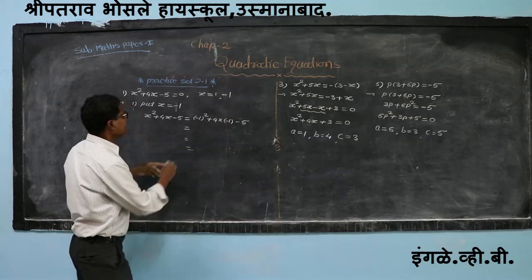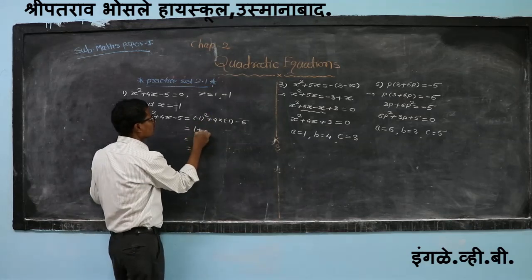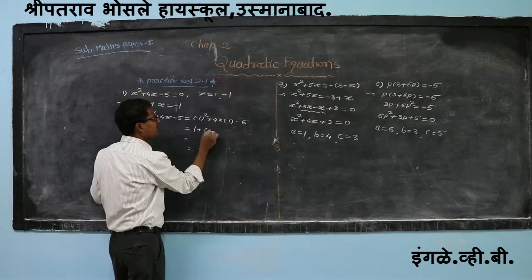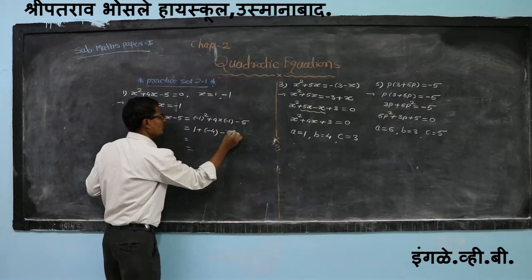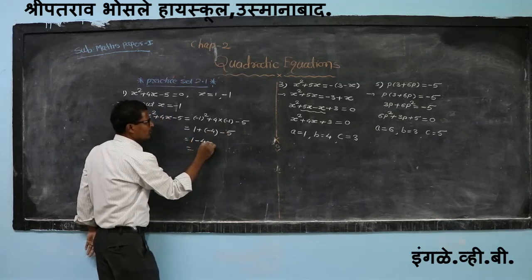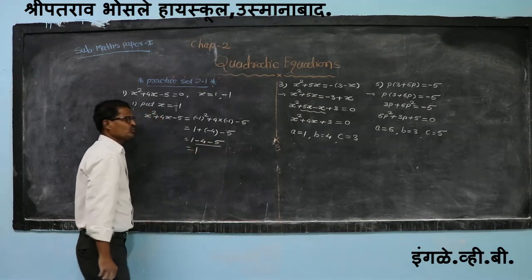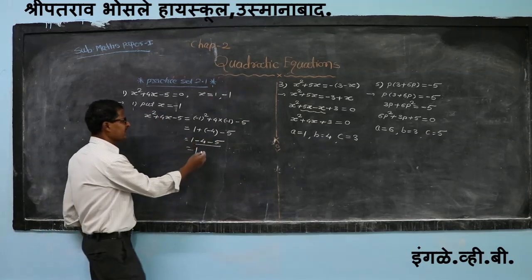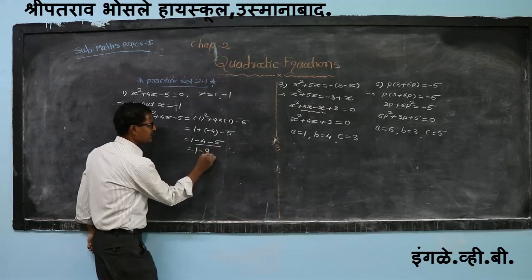Now minus 1 square is 1. So plus 4 multiplied by minus 1 is minus 4, minus 5. 1 minus 4 minus 5. Both are negative, so take the sum and put the minus sign: 4 plus 5 is 9.